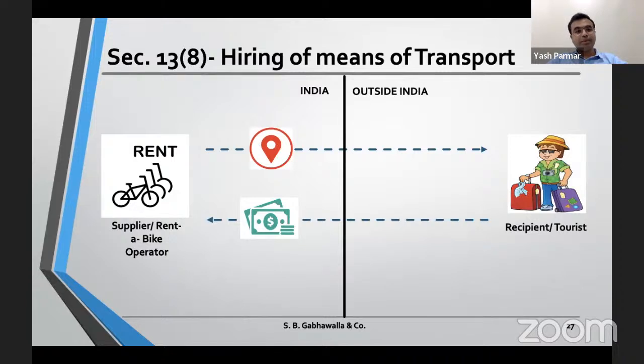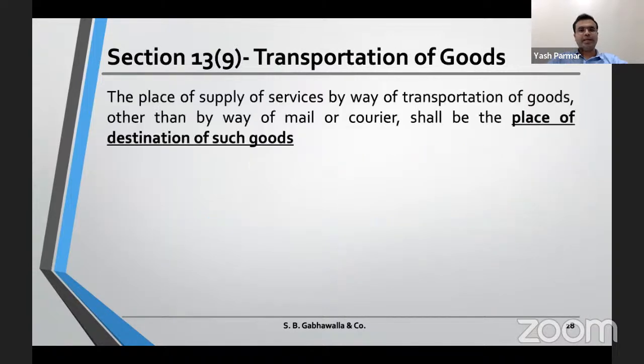The location of the supplier of service shall be the place of supply, and because the supplier of service, that is the renting company, is located in India, the place of supply will be in India, despite the fact that the services are given to a person who is a resident of a foreign country.